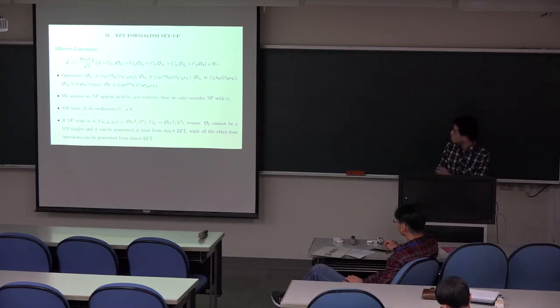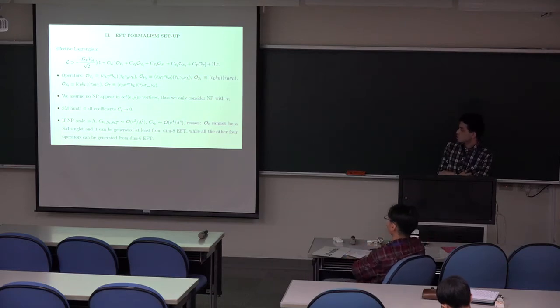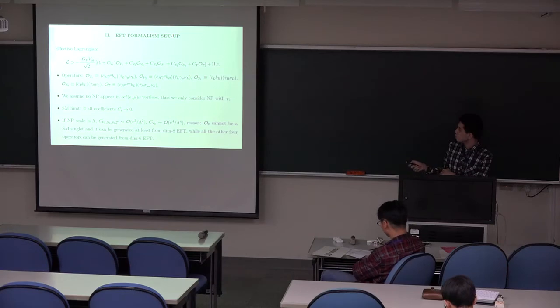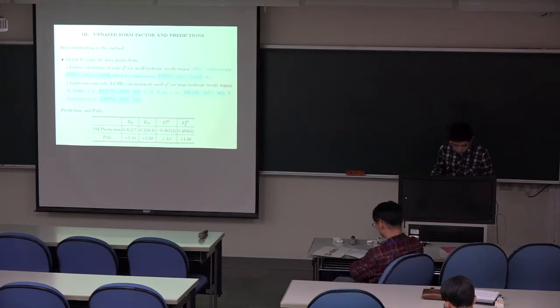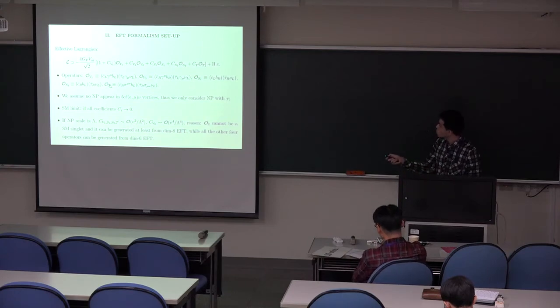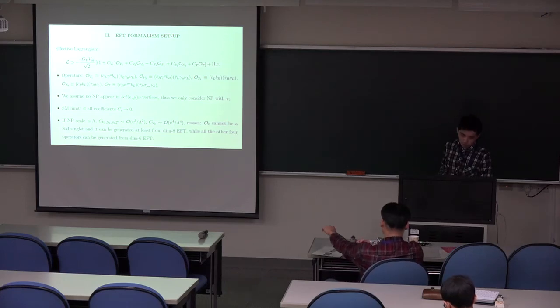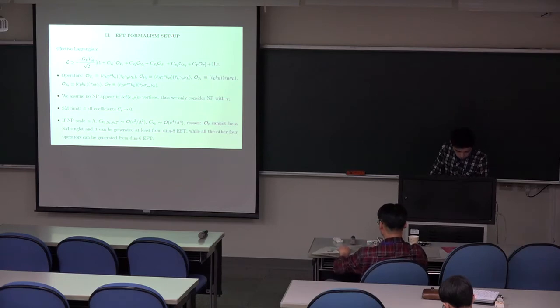For this interaction, if all the Wilson coefficients C_i go to 0, it is the Standard Model limit. We can see that if all the coefficients go to 0, there is still one term left. It is the Standard Model operator.